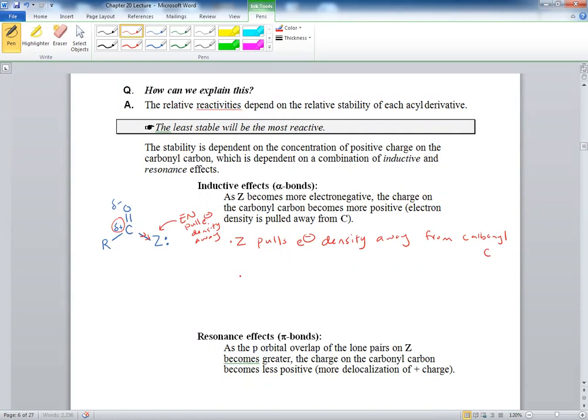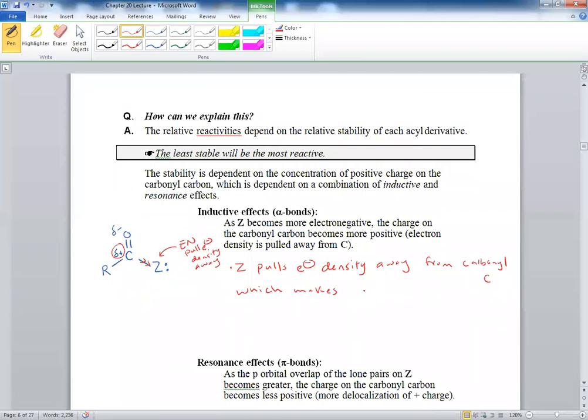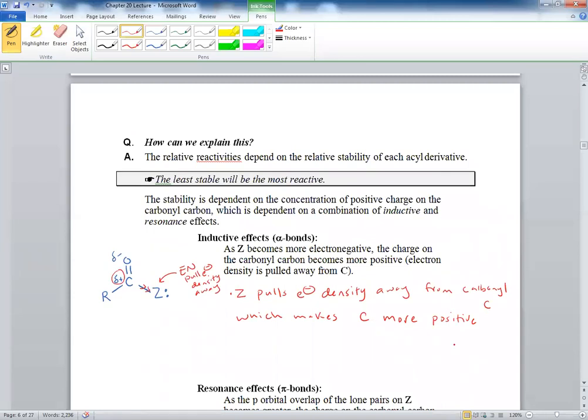And that makes the carbon more positive, which is less stable.